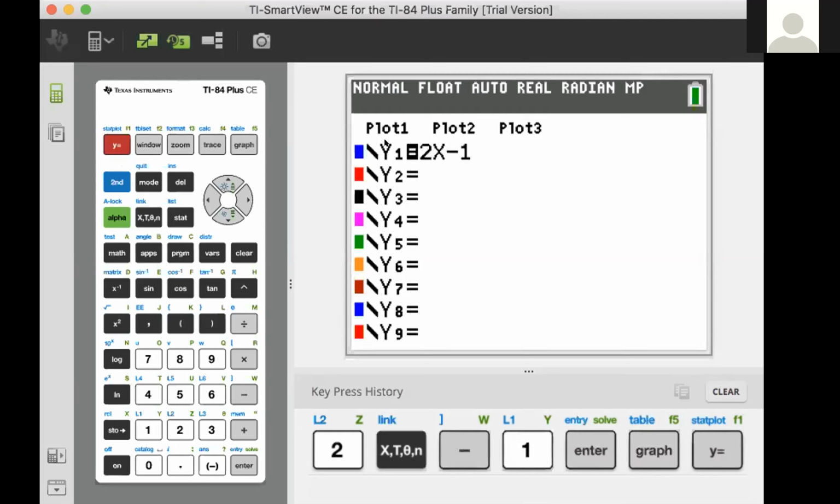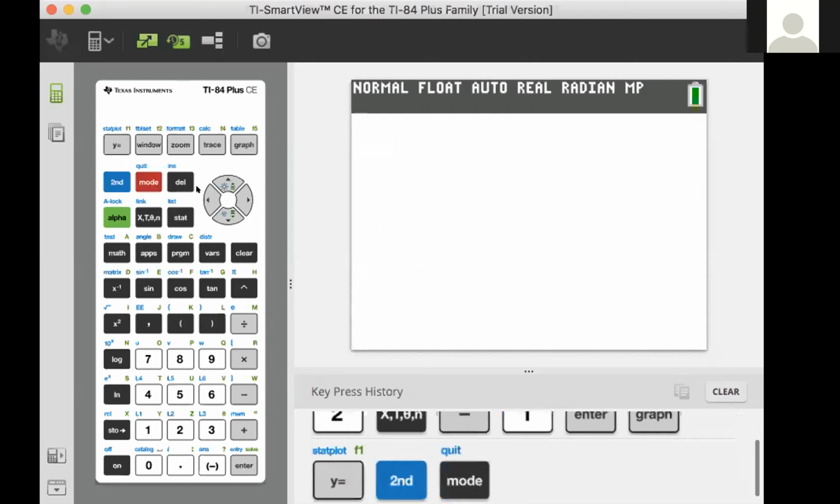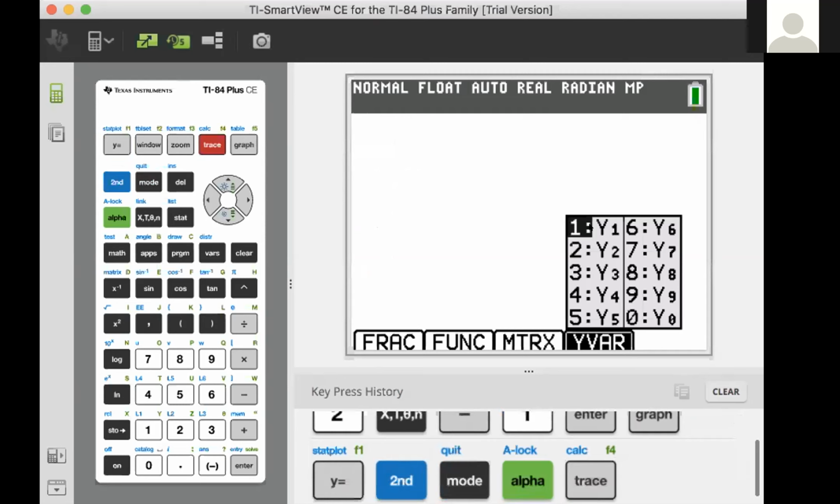To quickly pull up that equation, I'm going to quit this screen. So I'm going to quit with second mode. To quickly go to the y1 equation, I'm going to press alpha, the green button, F4. F4 will allow us to get any of these equations.